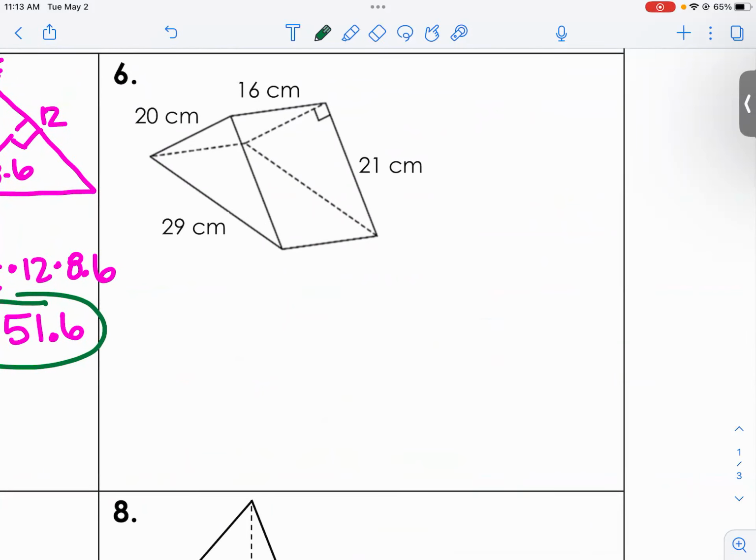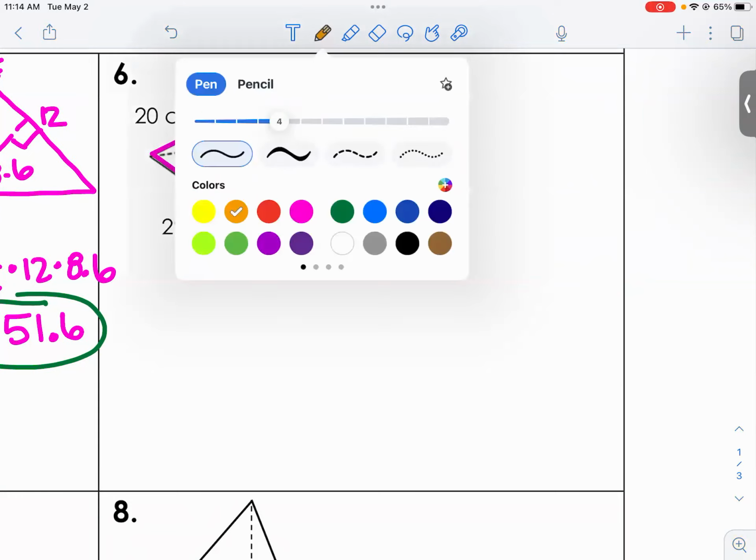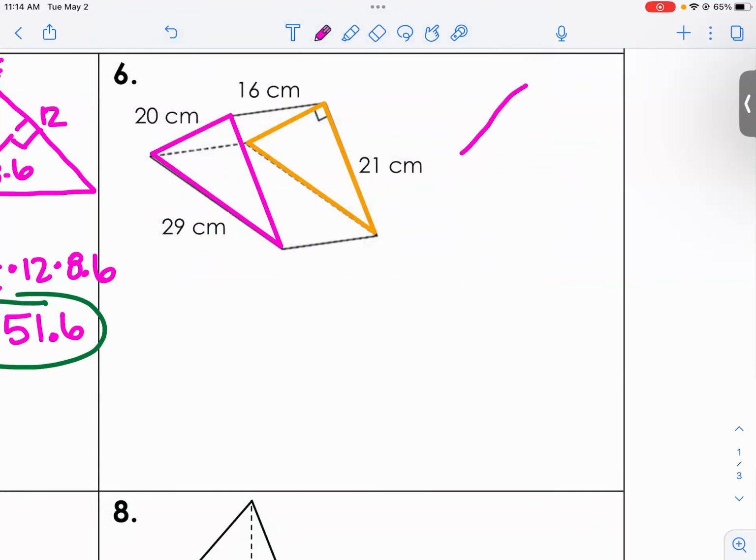Okay. So the first thing I'm going to do, I'm going to highlight my triangles here. Okay, there are my 2 triangles. So I'm going to take this pink triangle and I'm going to redraw it over here so that we can find the area.